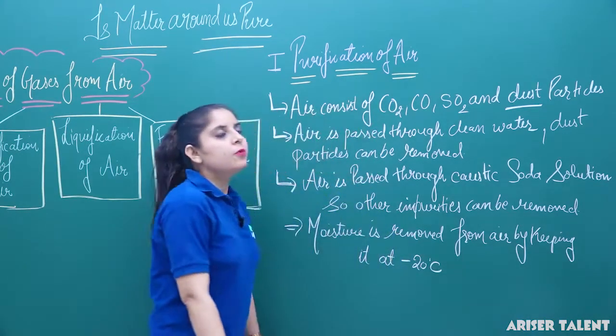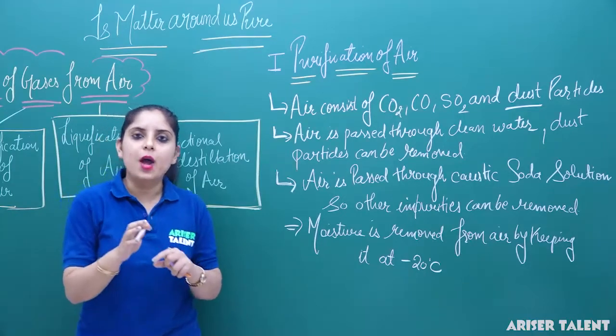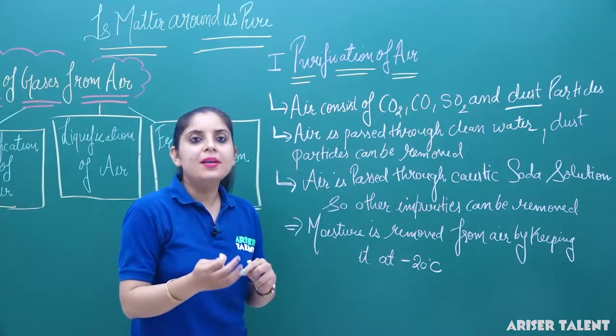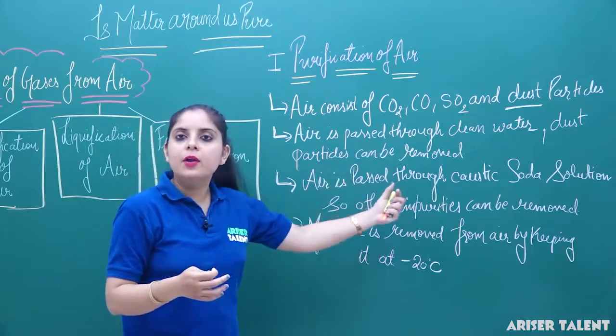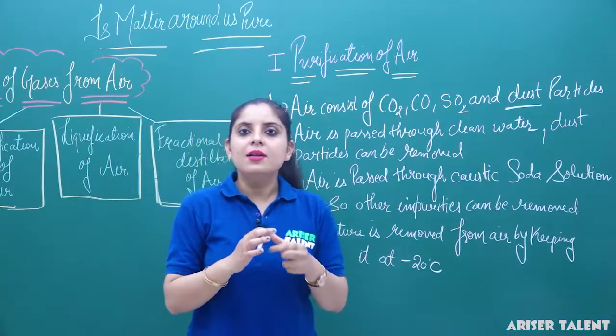So if you want to remove the dust particles, you have to pass the air through water. Similarly, if you want to remove the other impurities, you have to pass it through the caustic soda solution.